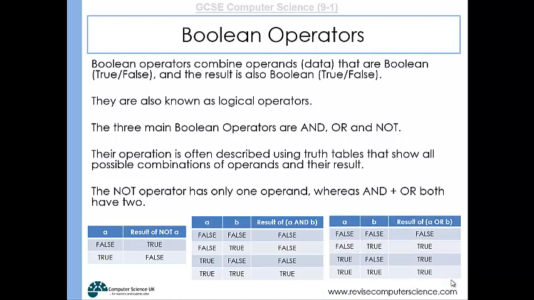And if we were to use the OR operator, A or B will result in true if either they are both true or if one at least is true. However, if both A and B are false, then the result of A or B will also be false.